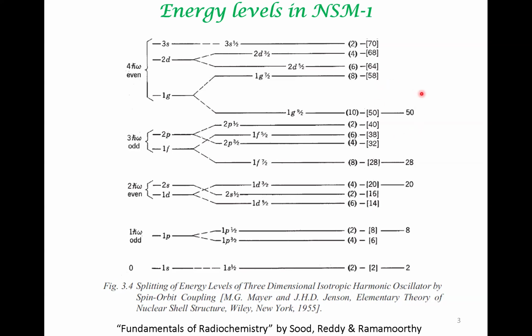Here, unless you take the coupling between L and S to give J equal to 4.5, you cannot rationalize certain features. What is the feature we are after?